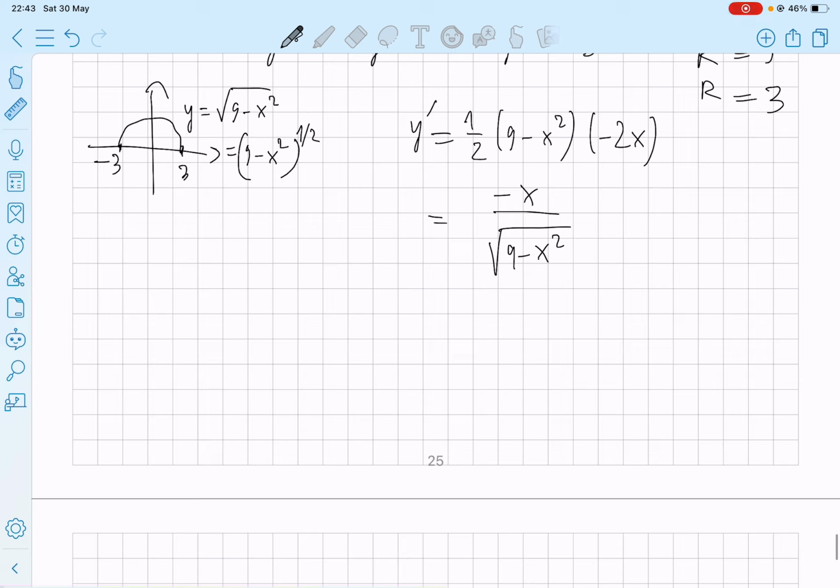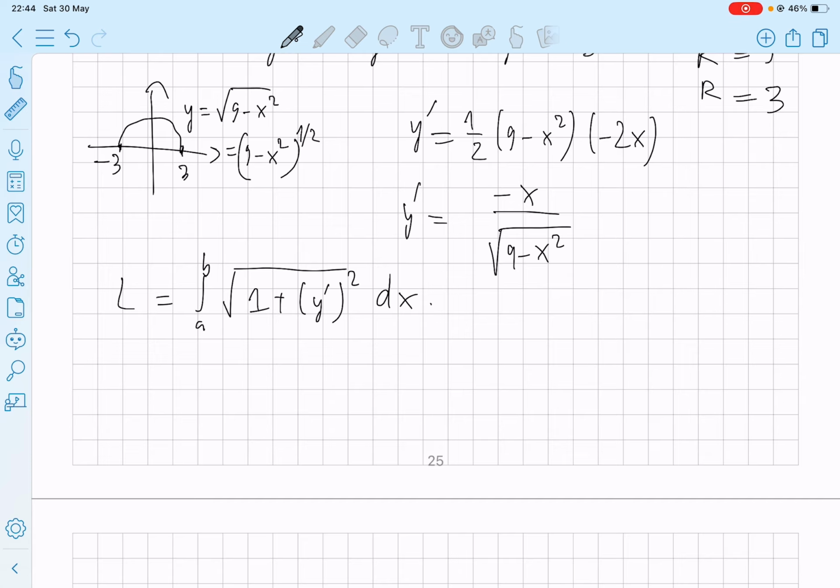So now the formula is L equal to the integral from a to b of the square root of 1 plus y prime squared, dx.